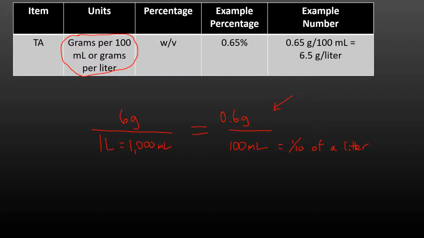Here's one of the reasons it's important. We often express titratable acidity as a percentage. So you'll see on a wine data sheet, say, our expression of titratable acidity is 0.65%. People often get confused about what that percentage means in grams per liter.